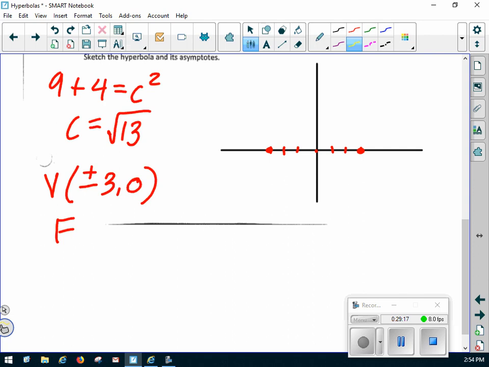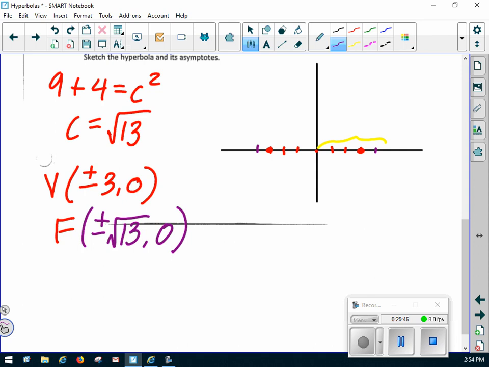Because isn't the C the distance from the center to a focus? So the distance from the center to the focus, and Malin said that's just a little bit less than 4, right? Yes. So the foci are right in here somewhere, but their coordinates, as Lily said, they're the foci.